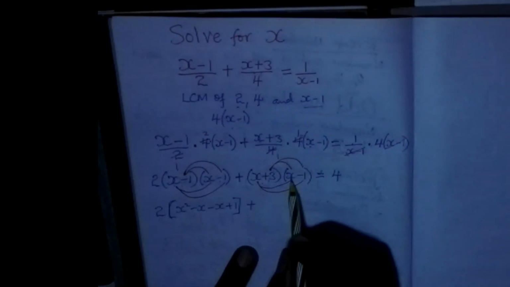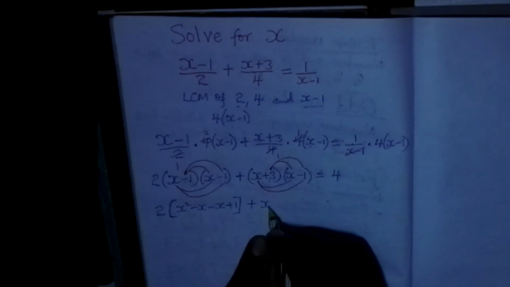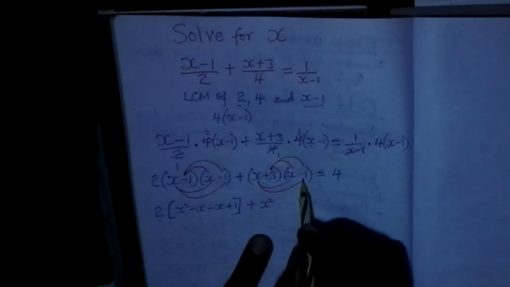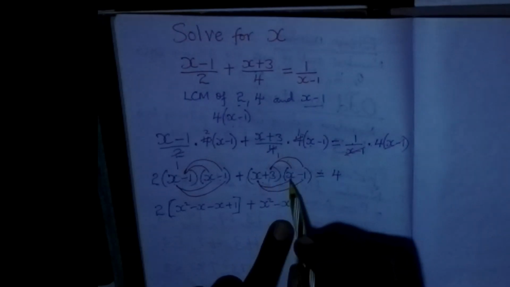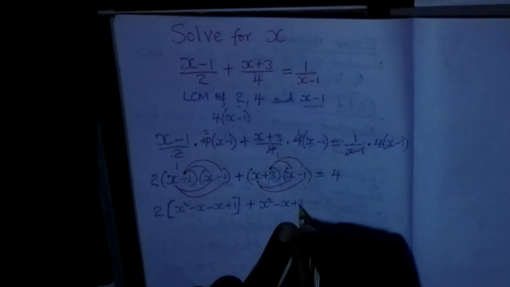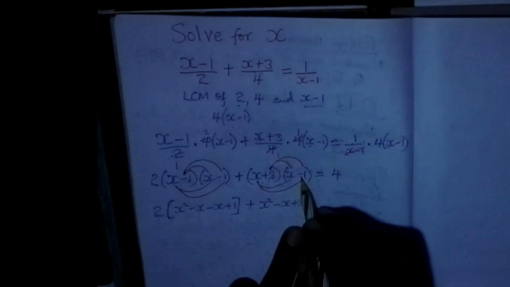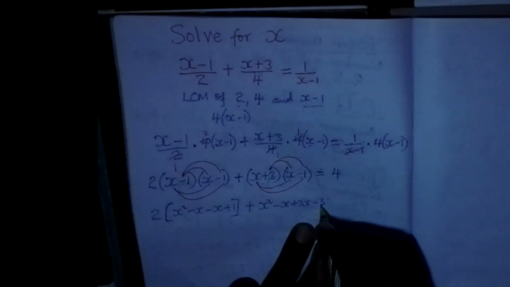So we have x times x, which is x squared, x times minus 1, we have minus x, 3 times x plus 3x, and then 3 times minus 1 minus 3.